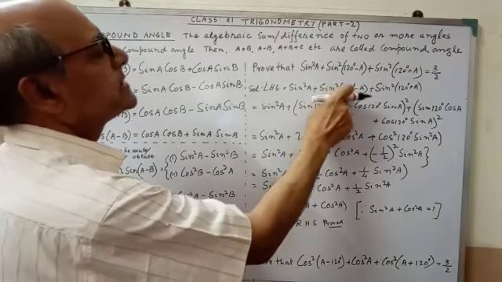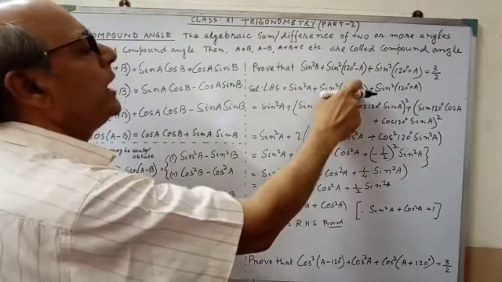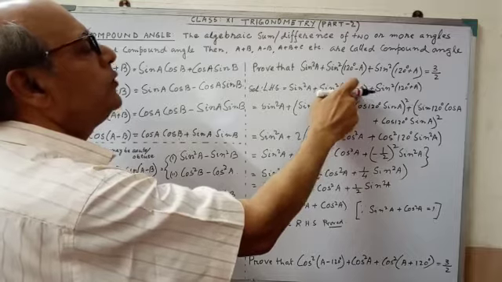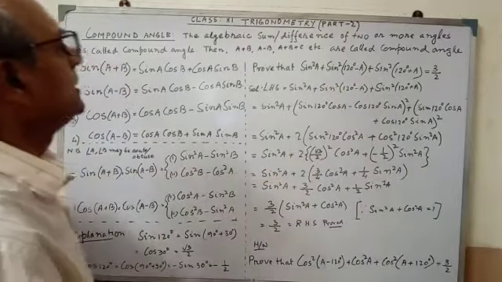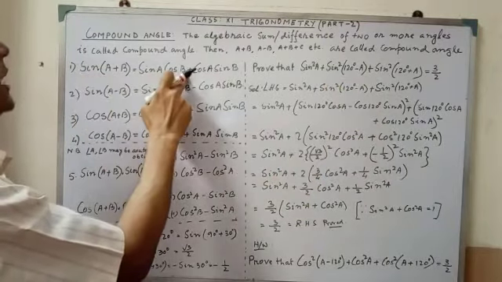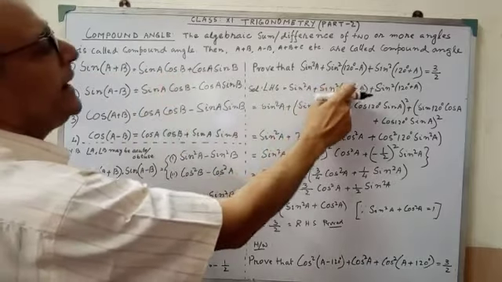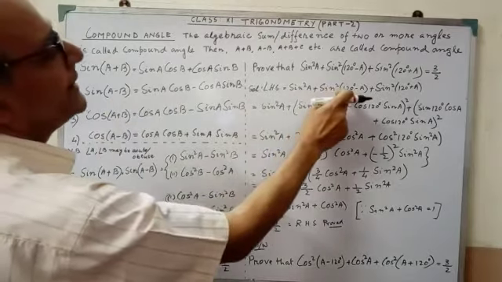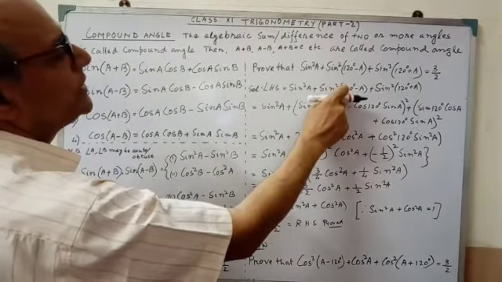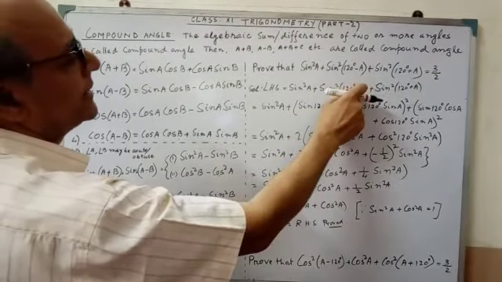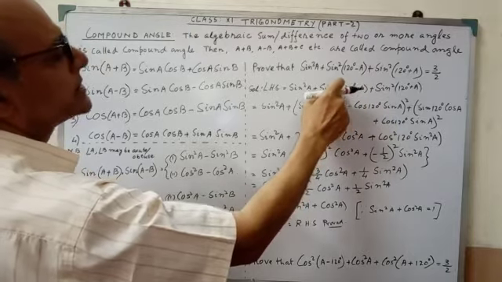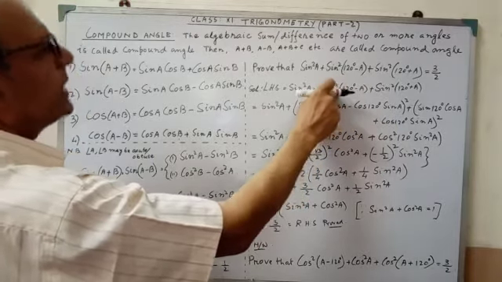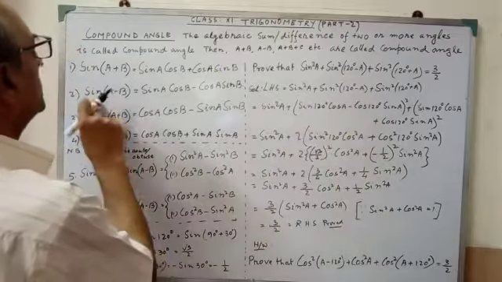By looking at the expression, you have to understand how it will be replaced by the theorems. Sin(A minus B): in place of A, 120 degree is given; in place of B, here is A. Square is not given, that is coming later on. But this frame we may compare with this.